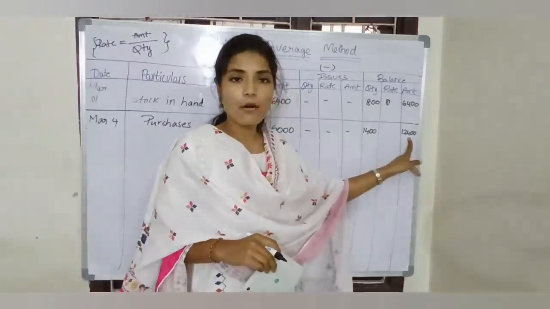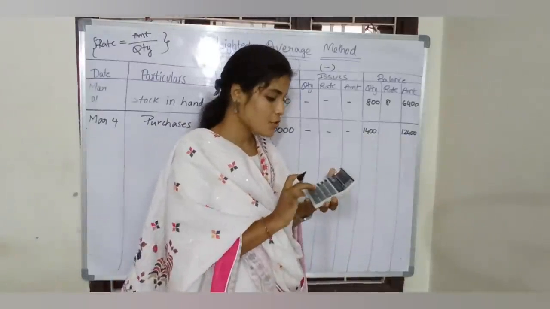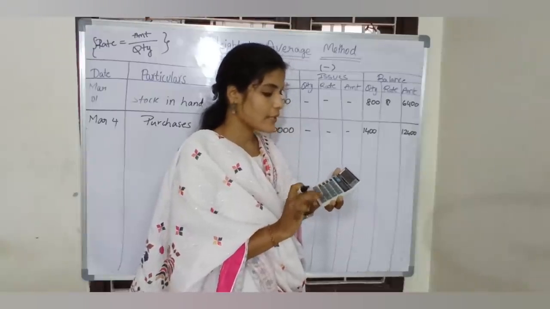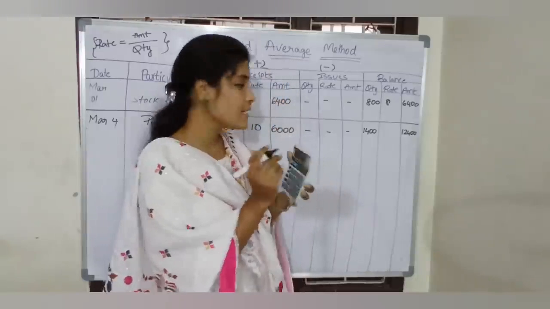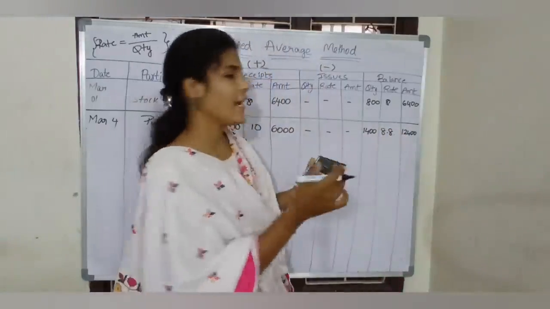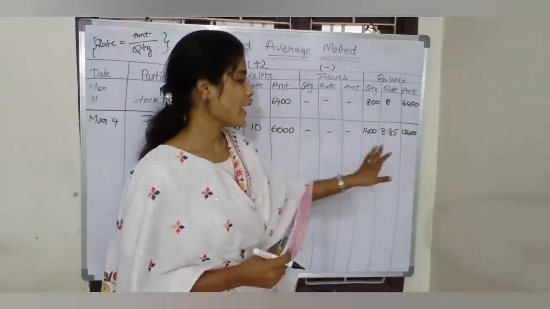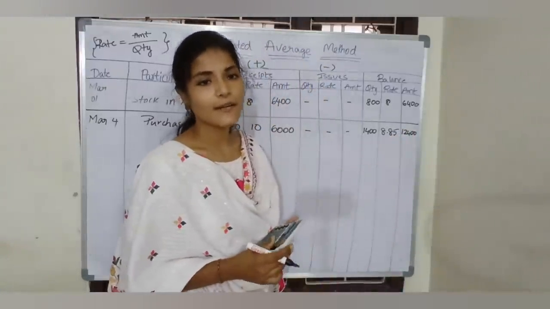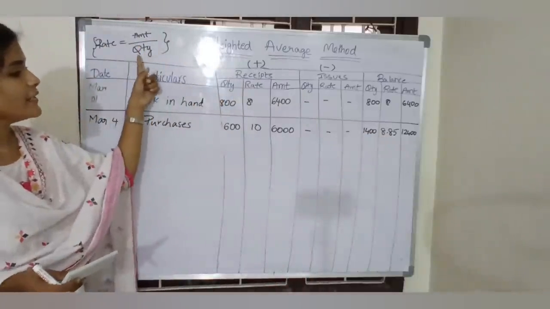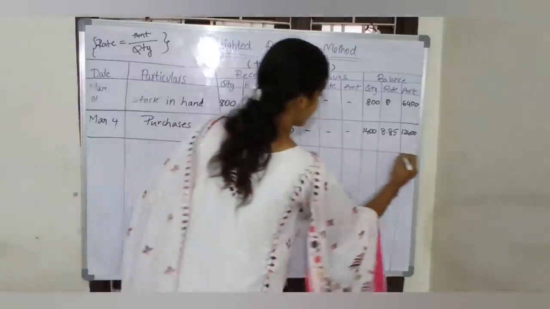The amount is 12,400 and the quantity is 1400, so simply do 12,400 divided by 1400. The answer is 8.85, or you can take one or two decimal places as you wish. 8.85 is your rate. To find the rate, we use the formula amount by quantity. This is the only thing you need to learn in the weighted average method.